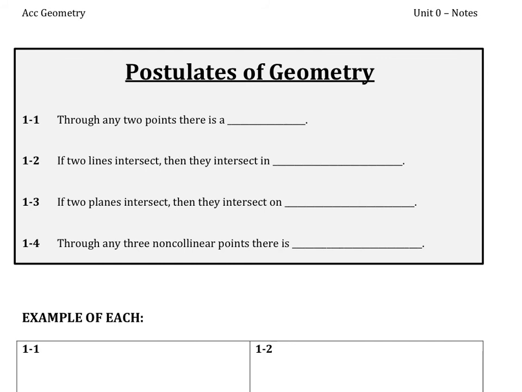So we want to take a look at the postulates of geometry. These are the things that we are going to be assuming true. So first off, through any 2 points, there is a line. So that's saying if you give me any 2 points, I can draw a line through those points and it will be unique. There is one line. If two lines intersect, they intersect at one point.